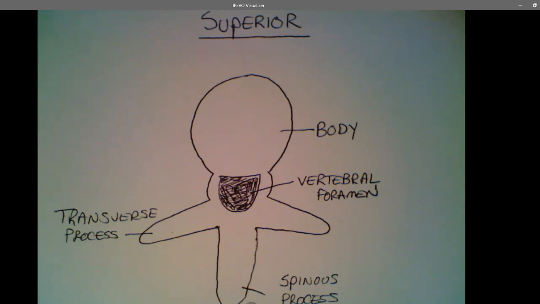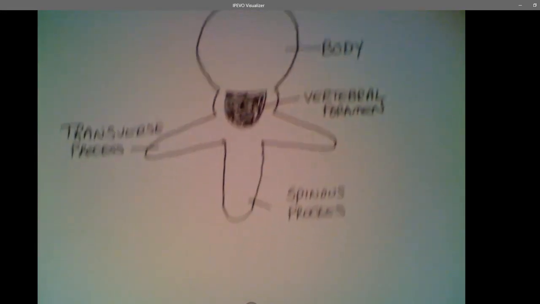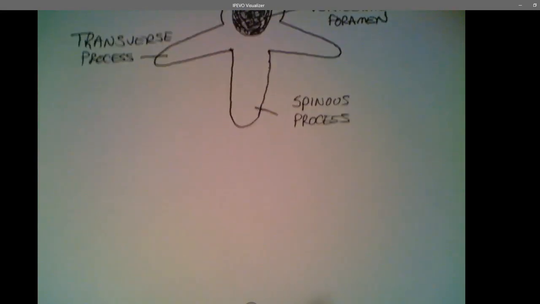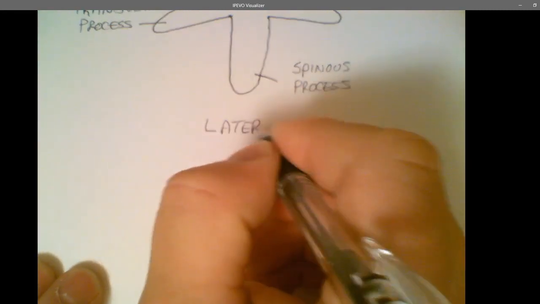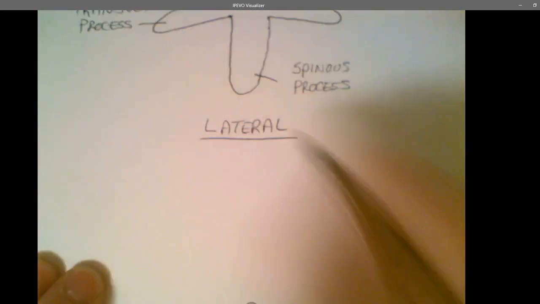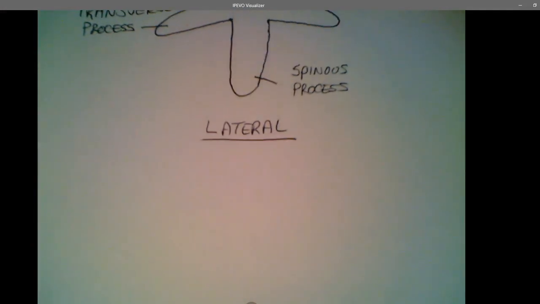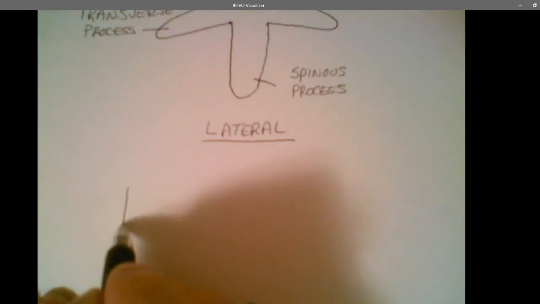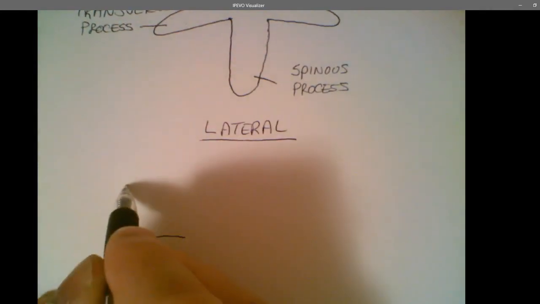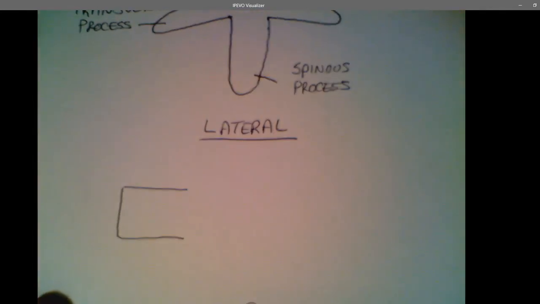All right, now next I'm going to draw a lateral view, and we'll label those things. Now this lateral view is a little more in depth. There's a little more to the drawing. So the first thing I'm going to do is I'm going to draw a box with an open end like that.